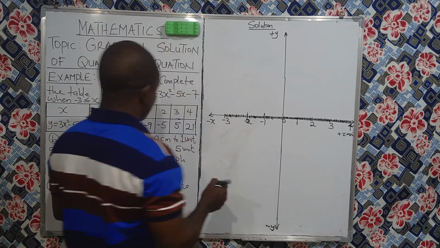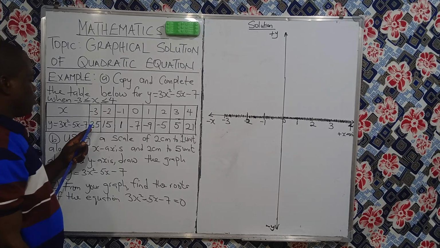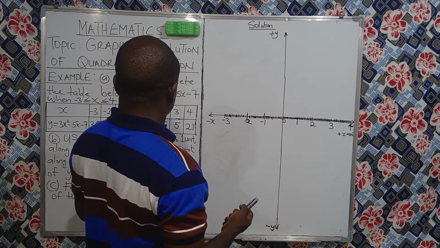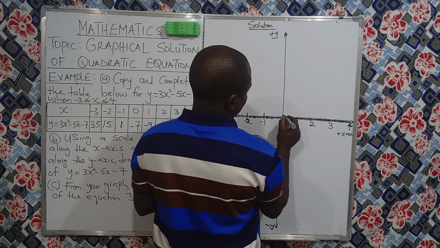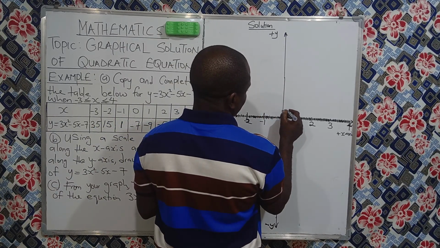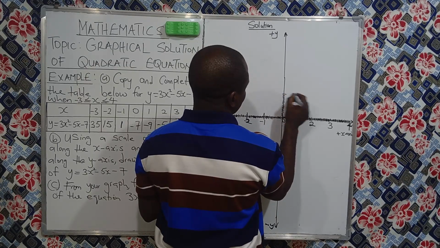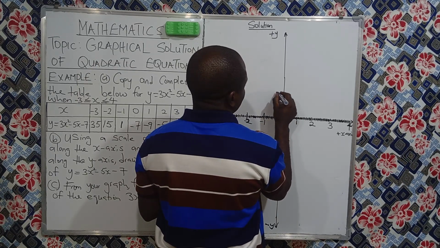Now let's go to the y-axis. The highest value for the y-axis is 35 and the lowest is minus 9. Let's count it up, 1 to 20. That's a 5.